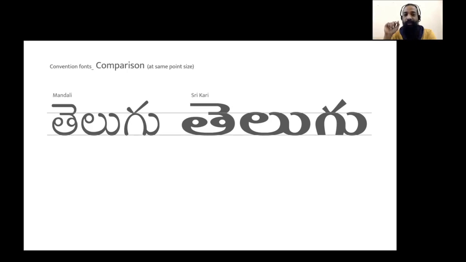These two typefaces are set at the same point size, and if you look at it, the stroke thickness of Sri-Kari is thrice the stroke thickness of Mandali. And the width of characters in Sri-Kari is 1.5 times the width of characters in the Mandali typeface. So these are a few of the special features of Sri-Kari.